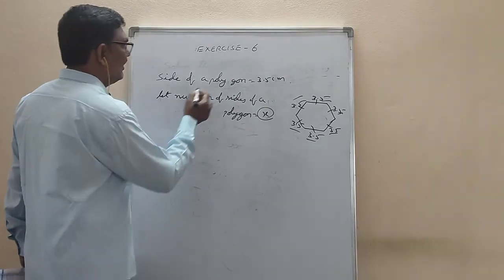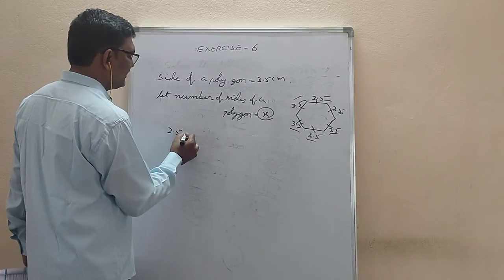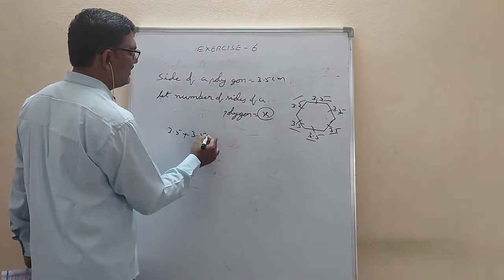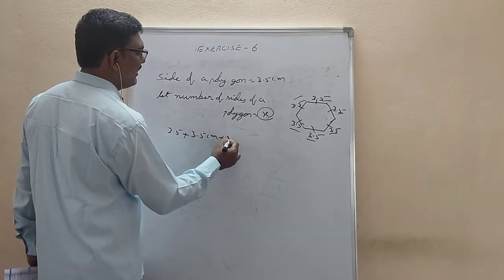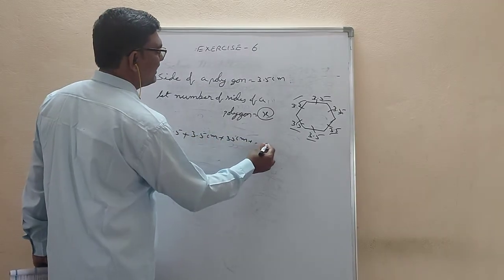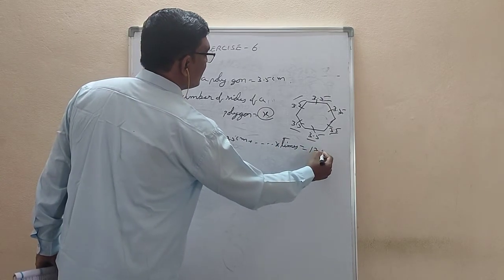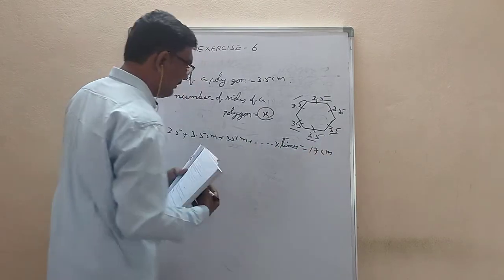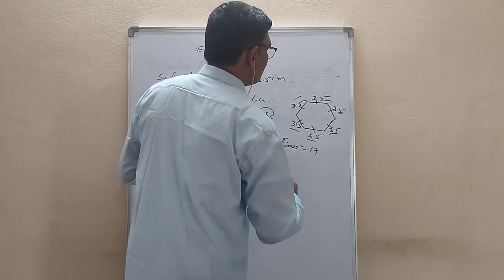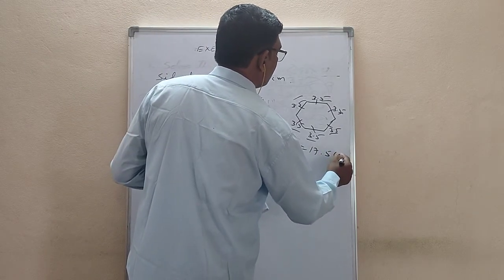So here 3.5 centimeters plus 3.5 centimeters plus 3.5 centimeters, and so on, x times, is equal to 17.5 centimeters.